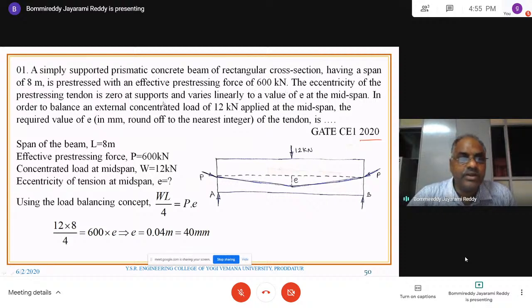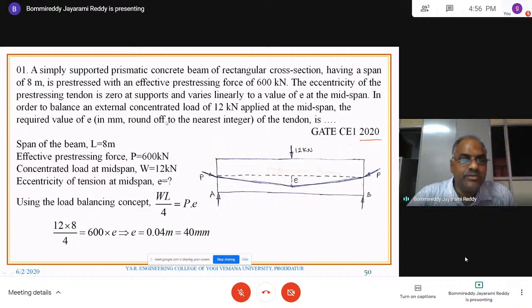The eccentricity of the pre-stressing tendon is 0 at the supports, and varies linearly to a value E at the midspan. So eccentricity is E.